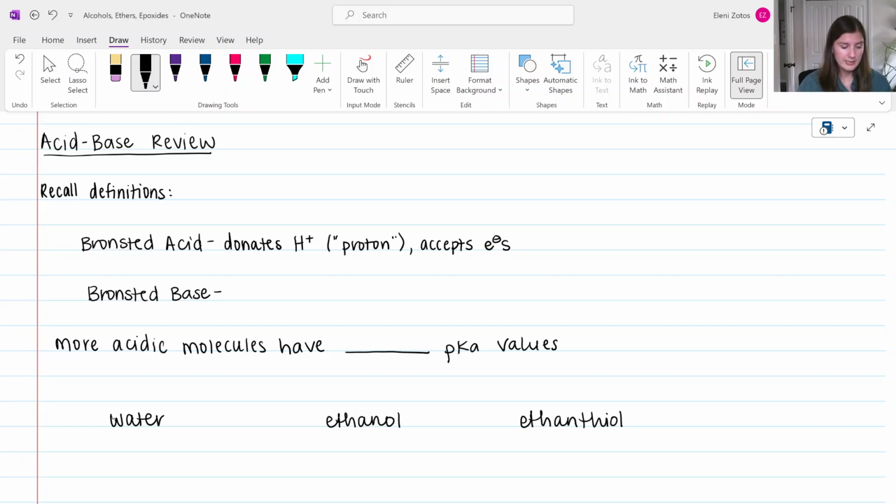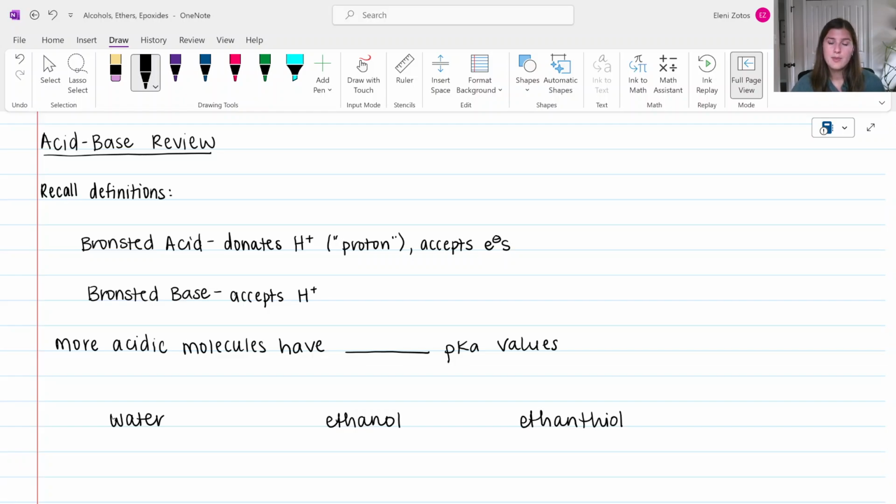So that's a Bronsted acid, and then a Bronsted base accepts the proton. So anytime we see a proton transfer in a mechanism, the molecule that starts with the proton but loses it is the acid. The molecule that ends with the proton is the base.